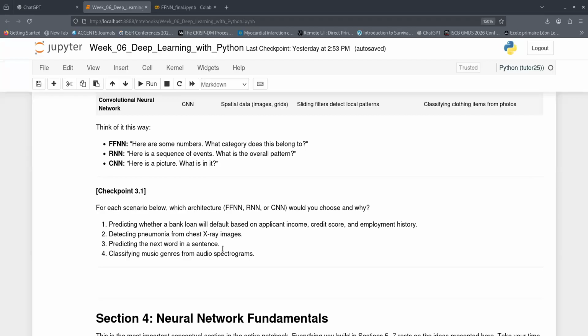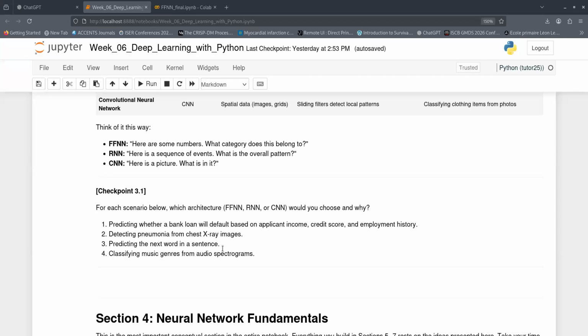Yes, I see. But here, is it not kind of tabular? Because we are talking about some numbers, and the question we can ask is what category does this belong to.